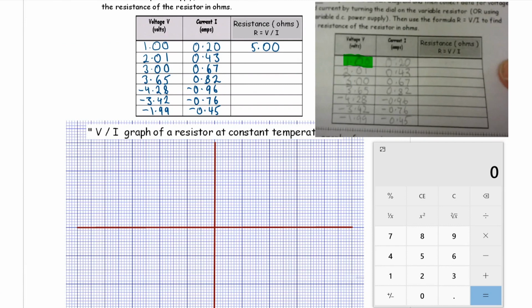The second row, then you need to divide 2.01 by 0.43. I'll do this down the bottom right hand side of the screen. Divided by 0.43. Now that came to 4.67 to 2 decimal places. I'll do one more. So this is 3 divided by 0.67.